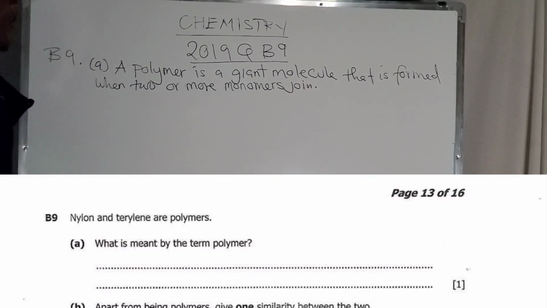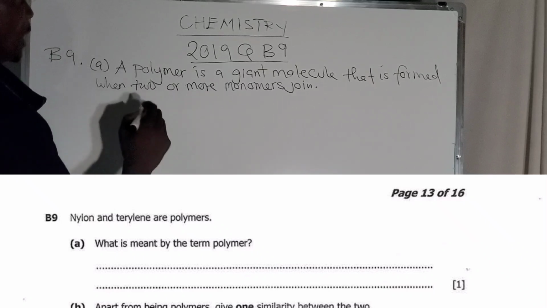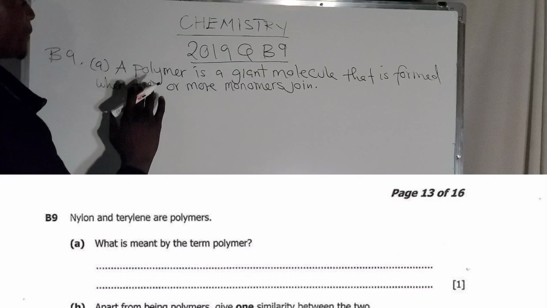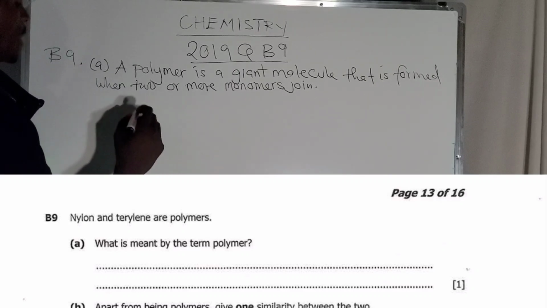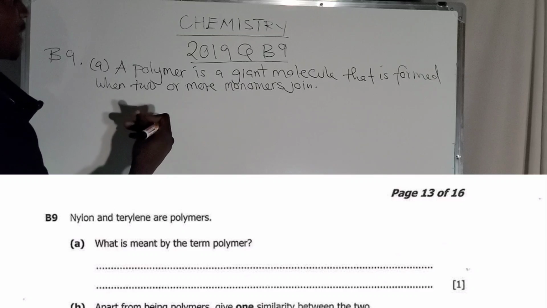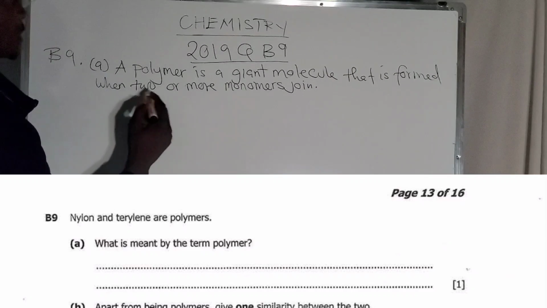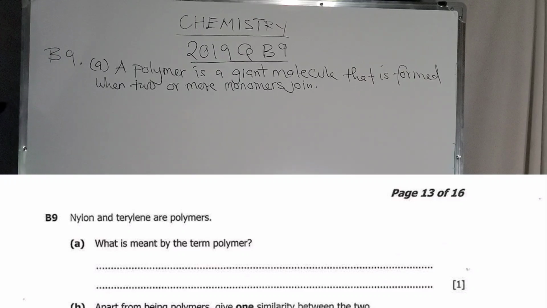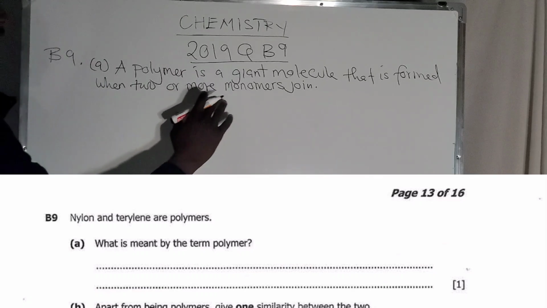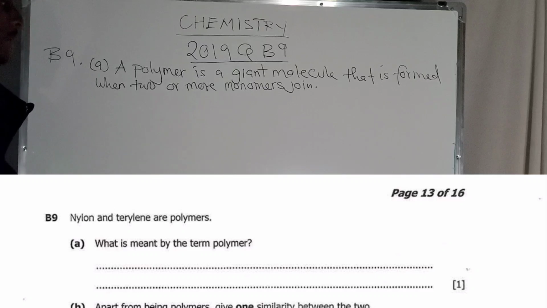Just an additional information, a polymer is also known as a macromolecule. From the word macro, meaning large molecules. So this is a giant molecule that is formed when two or more monomers join. Now the process by which these monomers join together to form a polymer is called polymerization.